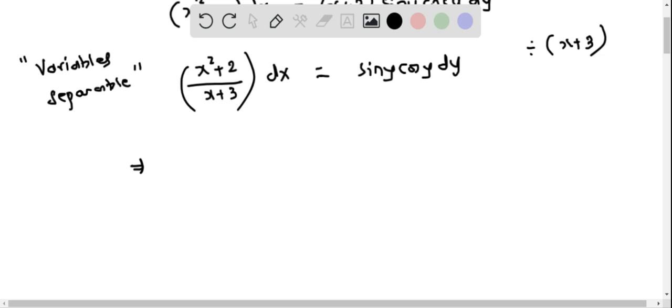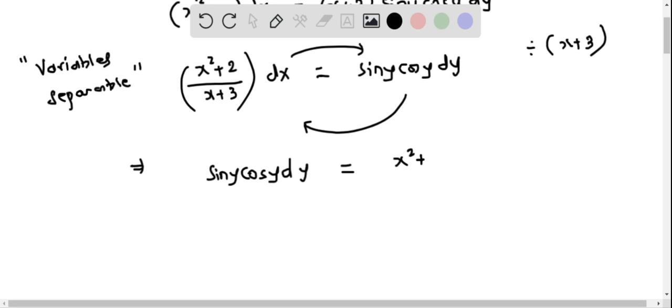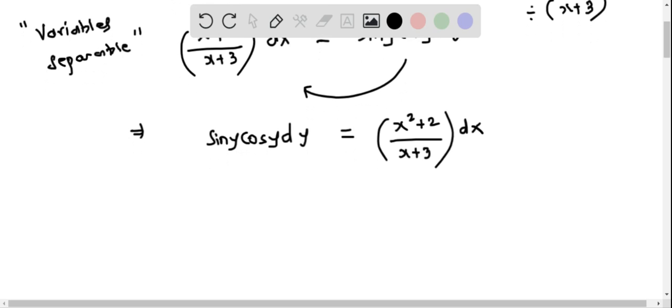I'm just going to interchange them, so I can write this as sine y cos y dy equals (x squared plus 2) over (x plus 3) dx. Now the variables are separated, so we can integrate both sides. So I put the integration symbol.